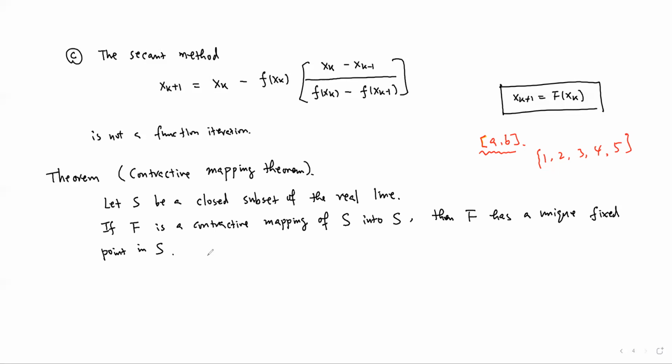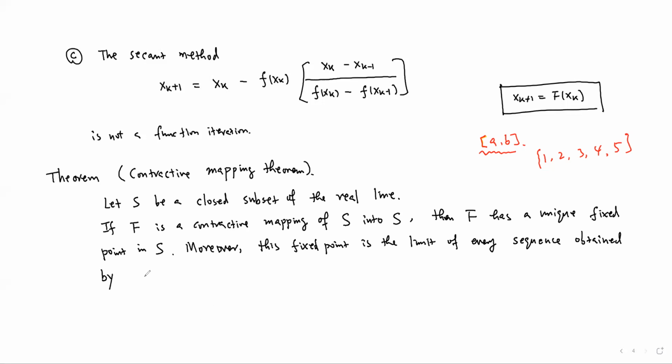Second conclusion. Furthermore, this fixed point is the limit of every sequence obtained by the functional iteration.